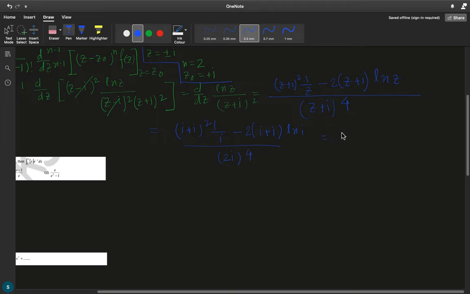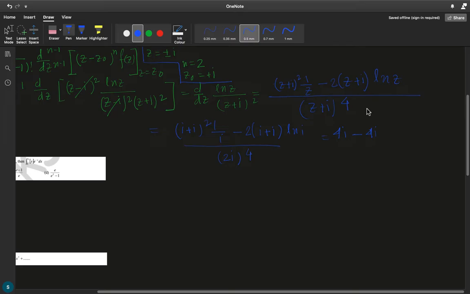So this equation will become 4i square by i, that means 4i, minus 2i into 2, that means 4i, times ln i. Now what is ln i?